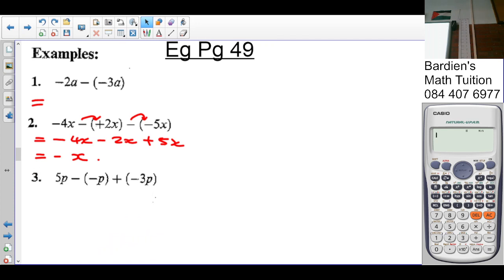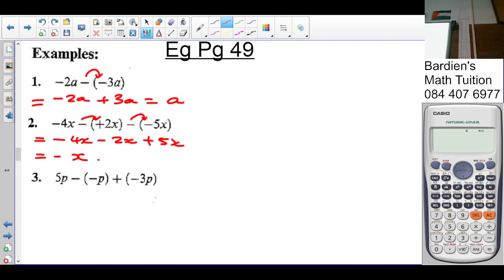You ready, Maya? Yes, go for it. Can I say the answer? Yes. Break it down. Okay, so negative 2a plus 3a. What's negative 2a plus 3a? Equals a squared. It's a, yes, but not squared.